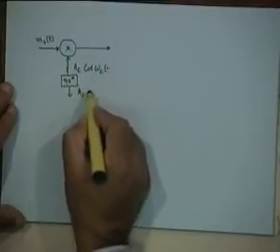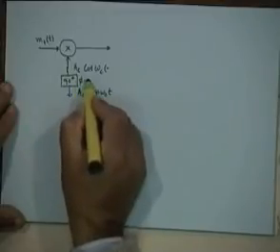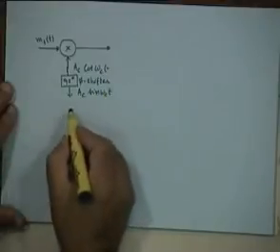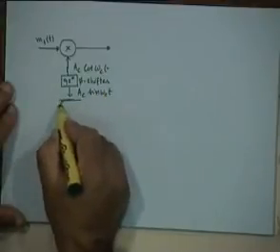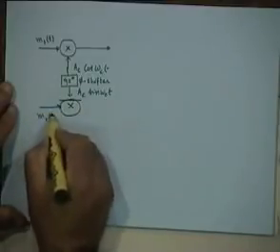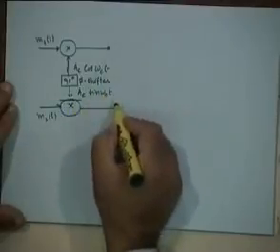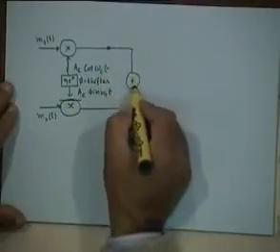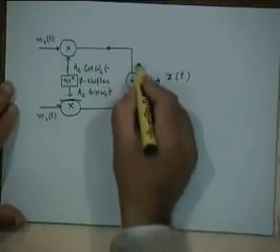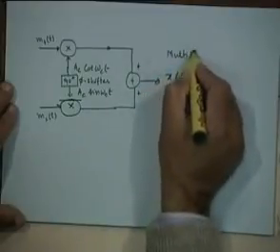Here you will have Ac sine omega ct. This is a 90-degree phase shifter. Right? And the second message signal is coming here, m2(t). You multiply this with Ac sine omega ct, and these two are added together and transmitted as the multiplex signal. So this is a multiplex signal.